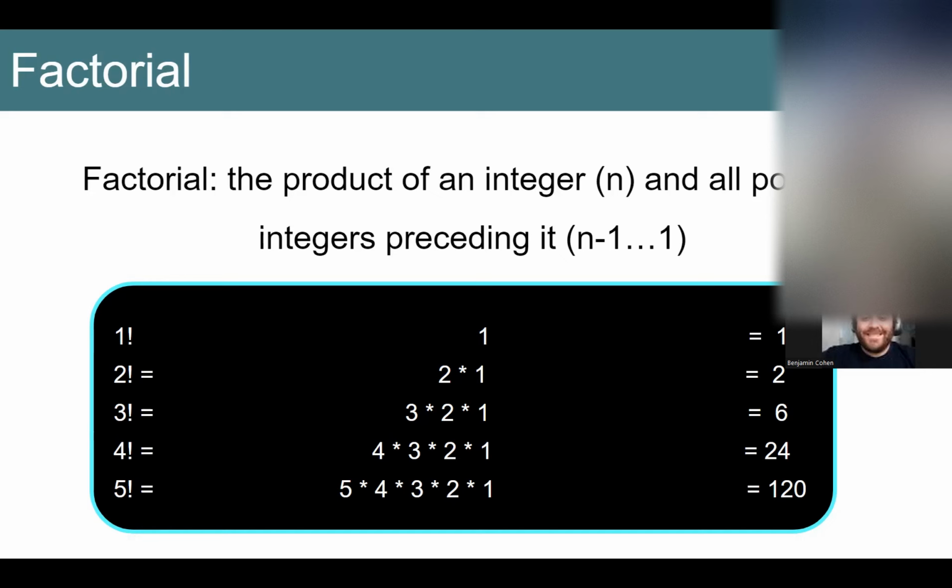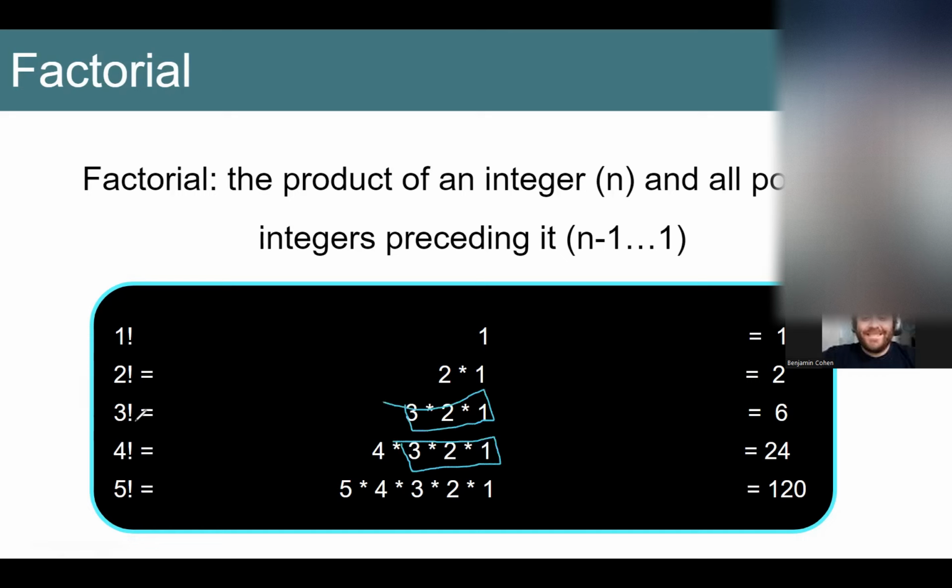But more than that, let's look at 3 factorial and 4 factorial. What's the difference between them? One more. Yeah, 4 factorial is basically 4 times 3 factorial, because we're sharing this 3 times 2 times 1 bit.